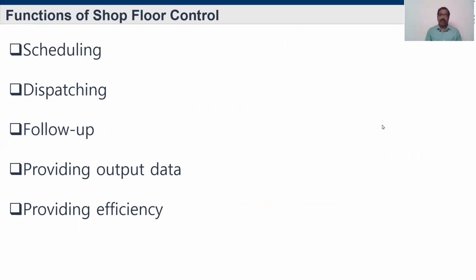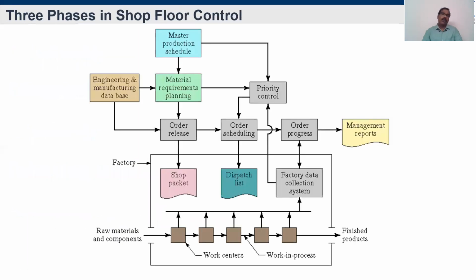Production control is about increasing efficiency, and that is also happening here. So the functions are scheduling, dispatching, follow-up, providing output data, and providing efficiency.